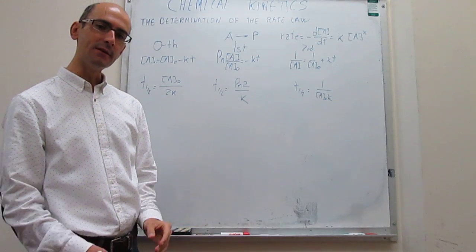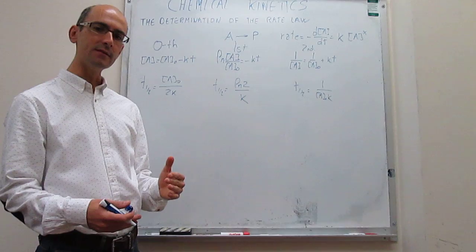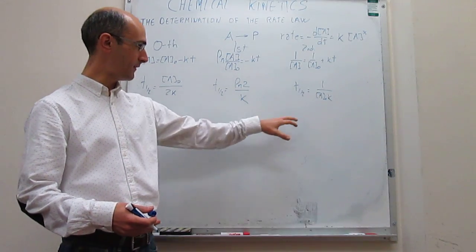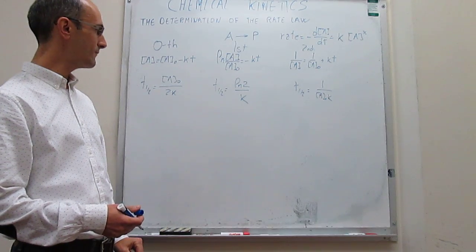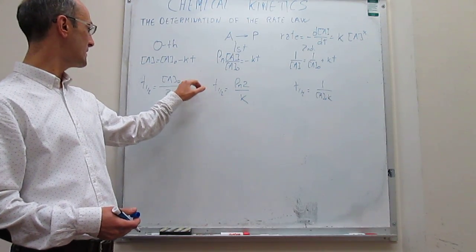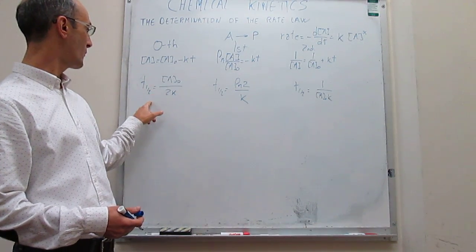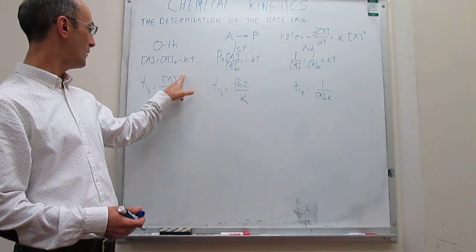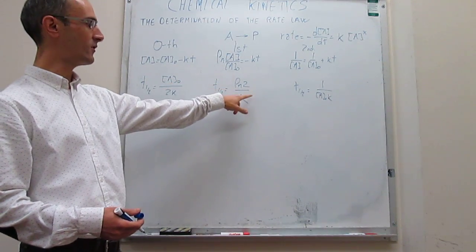Something that is interesting about this half-life method is to notice that there seems to be a dependence of the power of the half-life on the concentration of reagent. Notice that when you have a 0th order reaction, the power of A naught is 1. Then when you have a first order reaction, the power of A naught is 0.